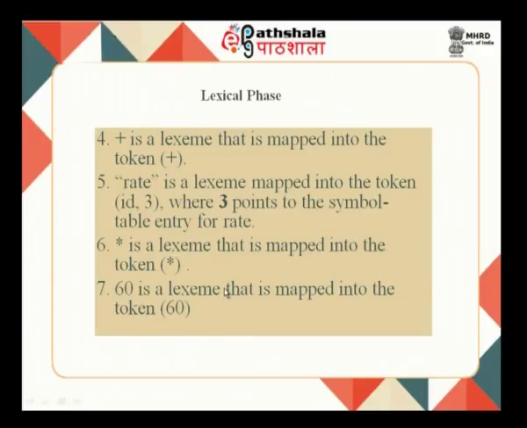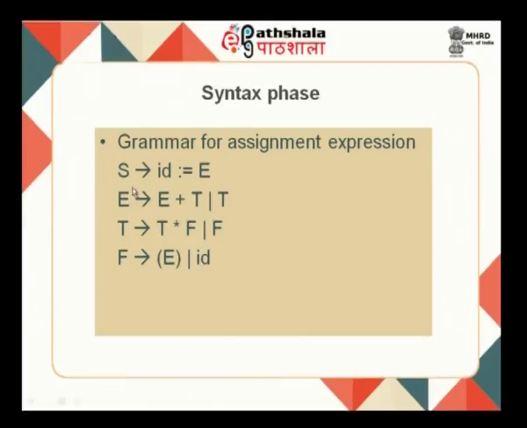After simply tokenizing, simply putting it as lexemes, you have the context free grammar for assignment expression, which is nothing but statement produces ID colon equal to E. Okay. LHS is simply an identifier, RHS will be an expression. The expression can be, of course, I have just given here expression involving multiplication, addition and parenthesization.